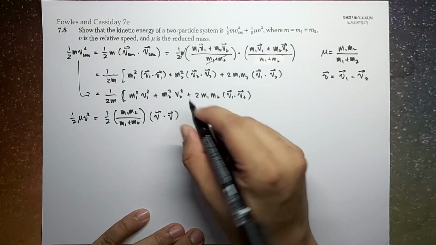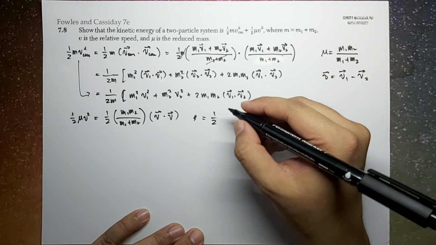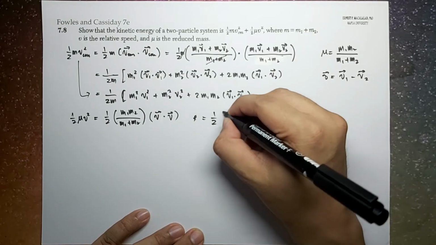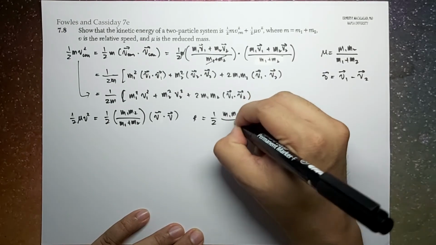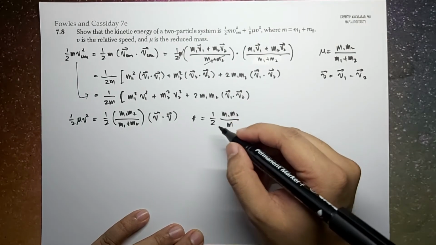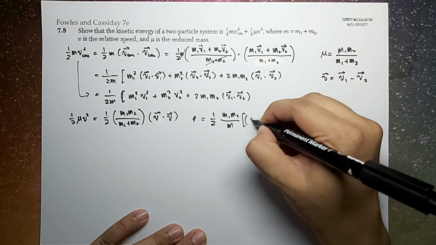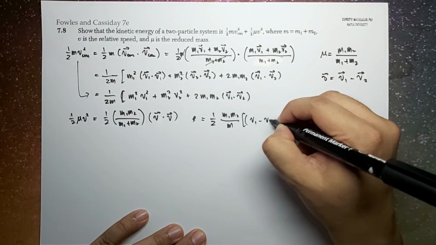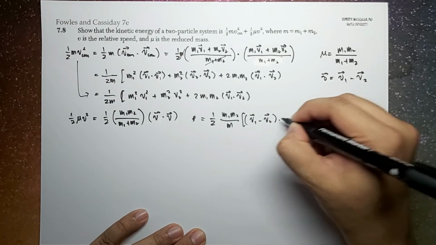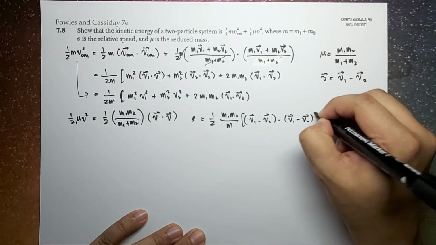So this will now be equal to 1/2 times m1 m2 over m, times (v1 minus v2) dot (v1 minus v2).